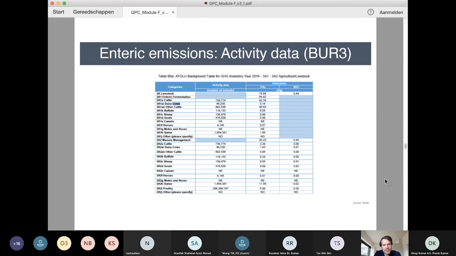We're going to be using this data as part of our exercise. But your city may have better data for your own city. You may have a few urban farms, I don't know, but if you do, then it might be useful. And it's a very quick exercise to estimate emissions from animals. And then you've got the emissions from methane and nitrous oxide in the columns next to that.